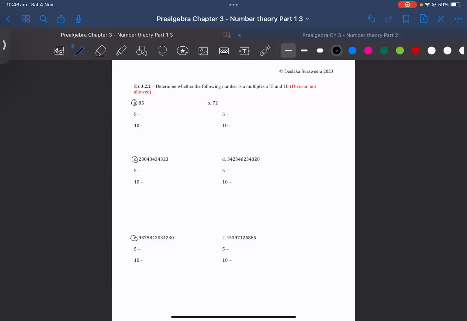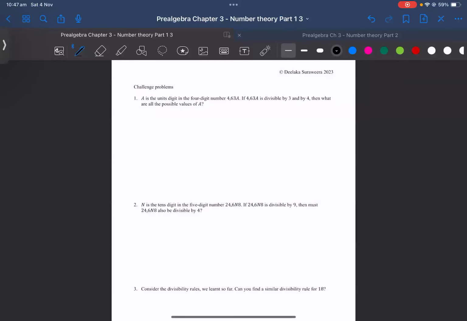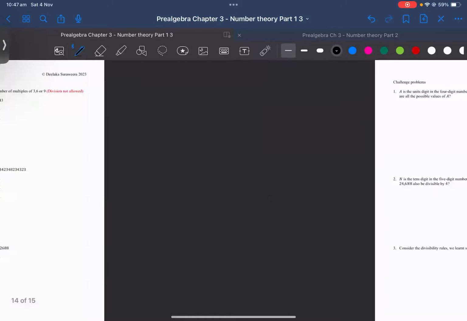Put it on the chat if you want feedback. And if you finish early, either do these challenges or the challenges from page 8 as well. These challenges are really good questions.